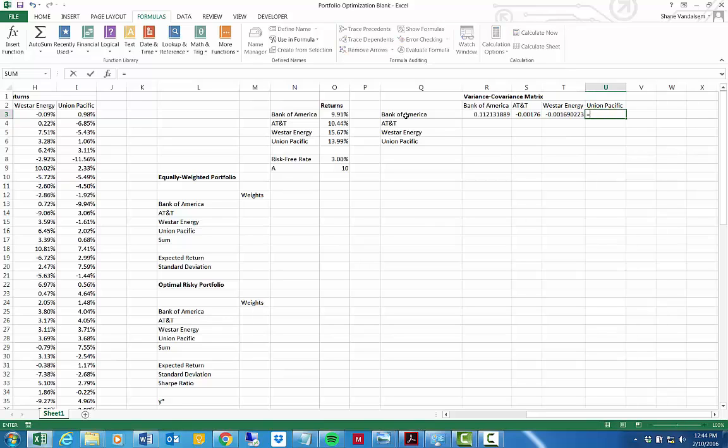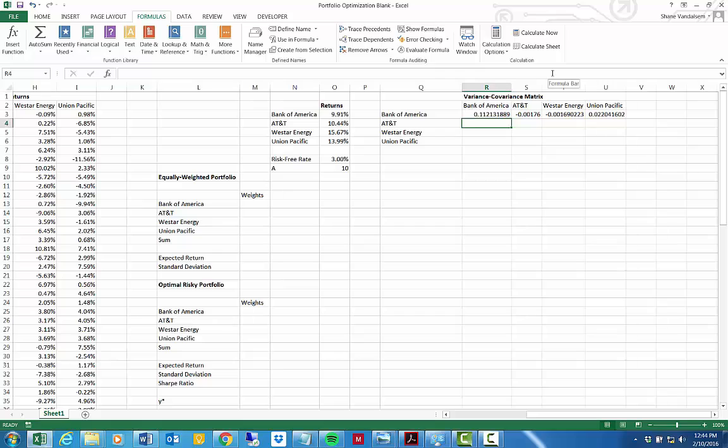And finally, I'm going to put in COVAR BAC return, UNP return, multiplied by 12. So as you can see, I took BAC, or Bank of America, Bank of America, then Bank of America AT&T, Bank of America Westar, Bank of America Union Pacific to get this row.